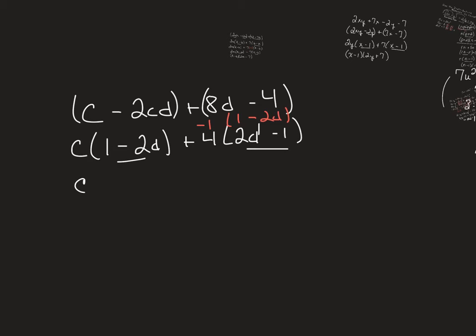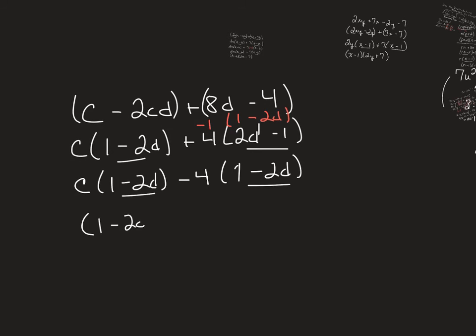So I can rewrite as c times 1 minus 2d minus 4, because we're multiplying negative 1 times 4, times 1 minus 2d. Now this is common to both, and we're left with c minus 4, and I have factored this out. Okay, maybe one more just to be sure that we are good with this.